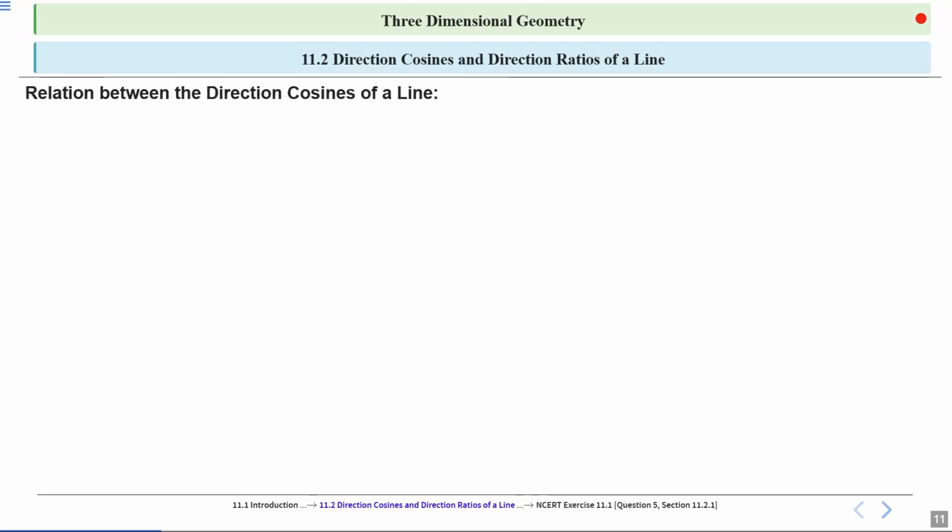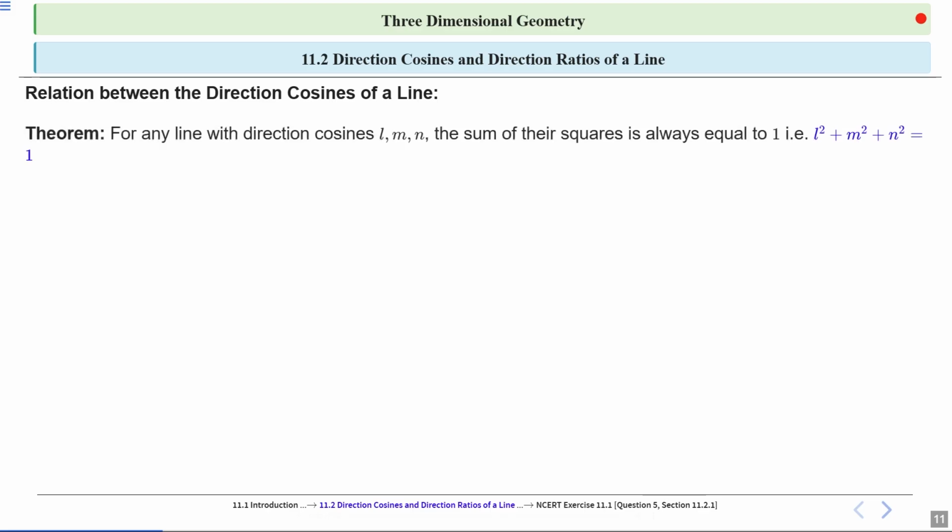Now, we are going to explore an important concept in three-dimensional geometry, the relationship between the direction cosines of a line. Let's start with the theorem.